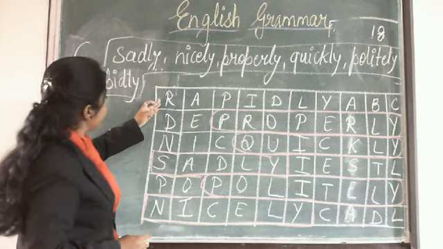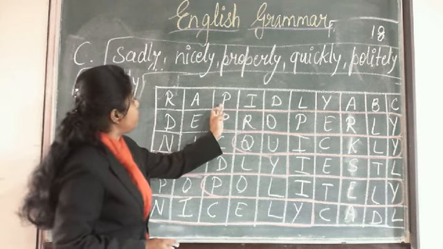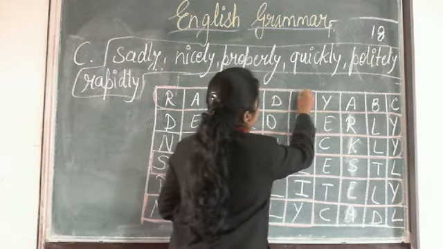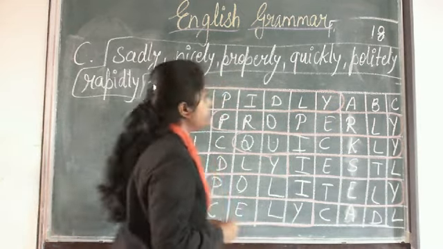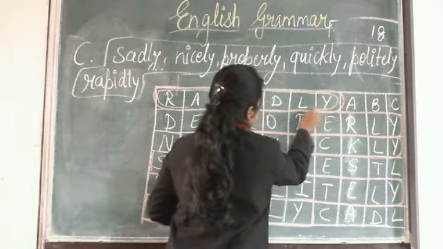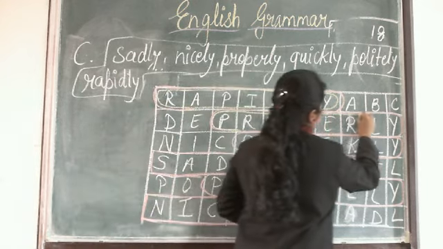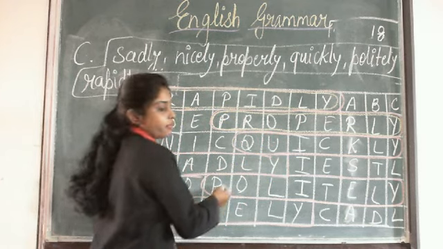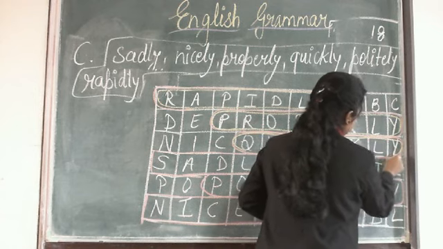So R. Okay. Here downside R-A-P. No, it is not there. Let's see here. R-A-P-I-D-L-Y. Okay, we got the last one. Rapidly. So, let me highlight it for you so that you can see it clearly. Okay. Anyways, it is not visible in the computer screen.